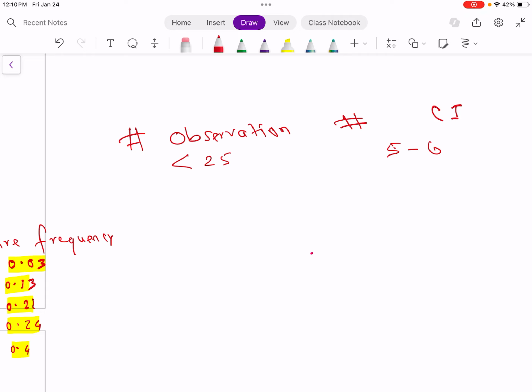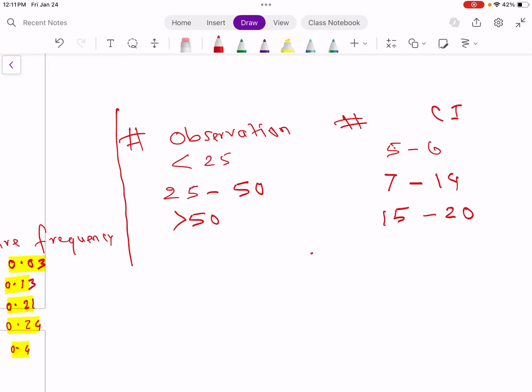If the number of measurements is between 25 and 50, you can have from 7 to 14 class intervals. So make sure to have at least 7 class intervals. You can pick any number between 7 and 14. And if the number of observations is greater than 50, then I would recommend the number of class intervals to be any number between 15 and 20.